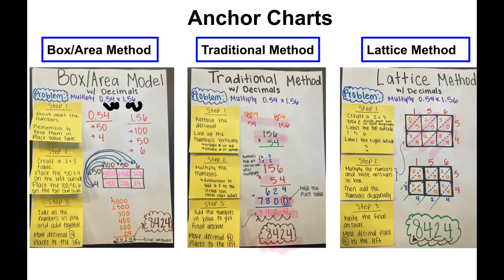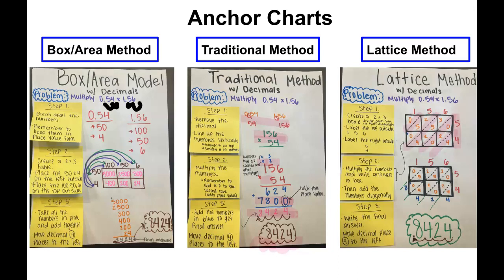I labeled the outside top with the 156, and then labeled the right side on the outside because when you add up all the numbers, you want to be doing that on the bottom and on the left side. So that's why you would add the 54 on the right here.